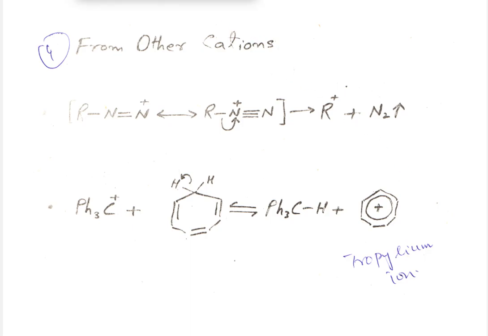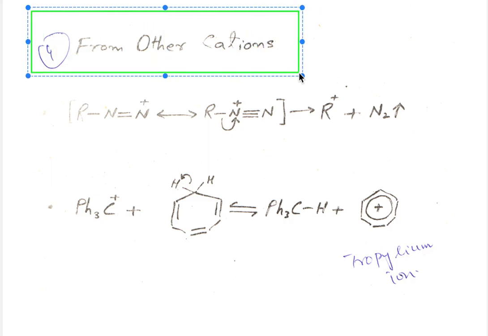The fourth and final example in this video for the formation of carbocation is by using some other cations. It can be either carbocations or non-carbocations like diazonium compounds.